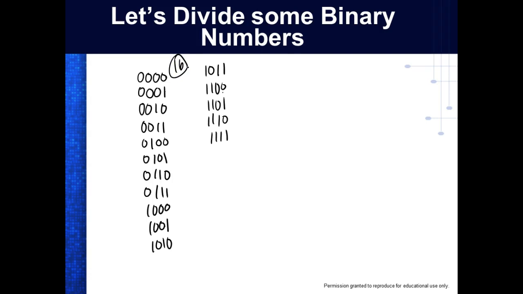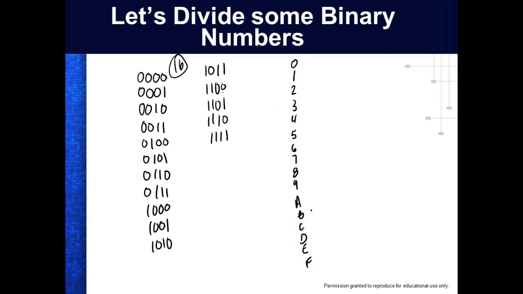Well, how many combinations do we have with one digit of base 16? 0, 1, 2, 3, 4, 5, 6, 7, 8, 9, A, B, C, D, E, and F. That's 16.